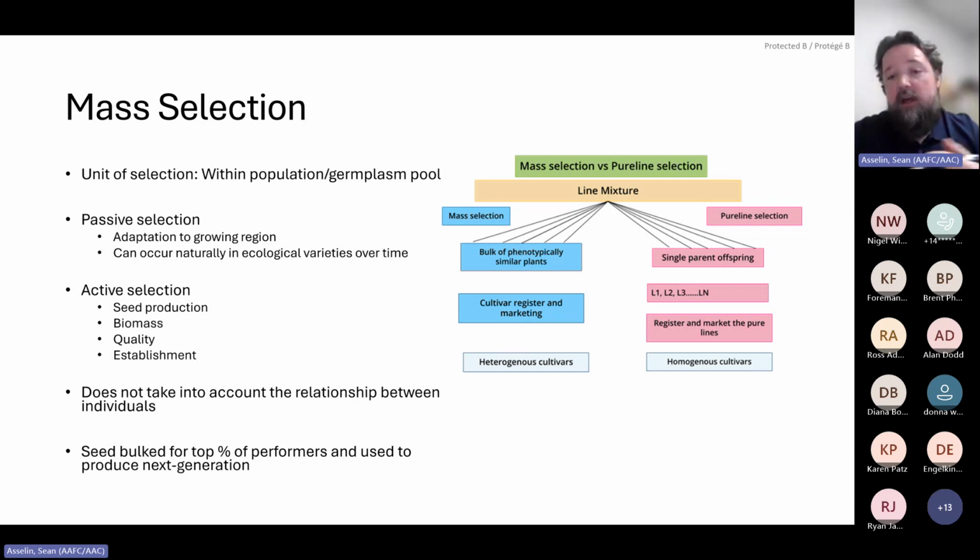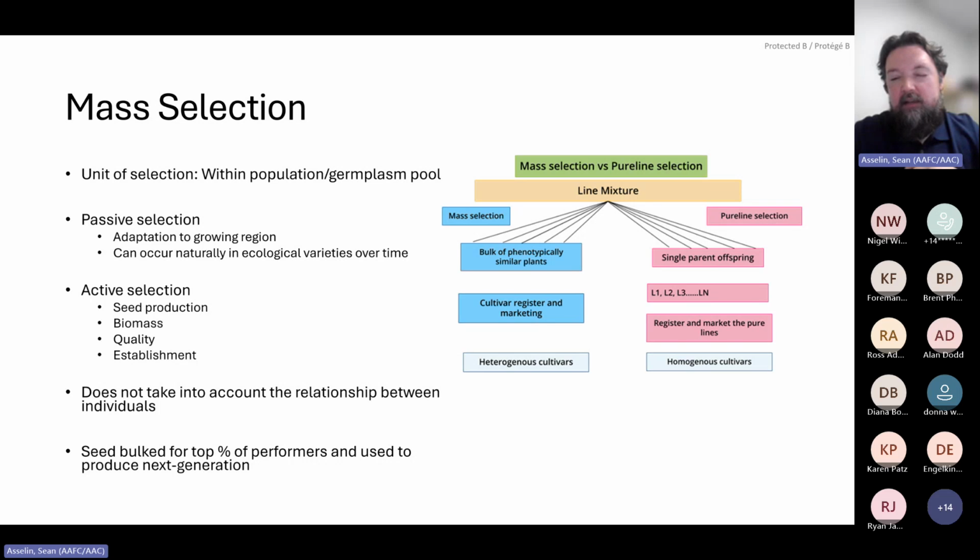If there's differential survival, just harvesting that seed is a form of passive selection. This is something that we observed in ecological varieties over time, because ecological varieties tend to have a broad genetic base and adaptations to different growing regions. So we can see passive selection for that given environmental niche over time. We can also do active selection for mass selection.